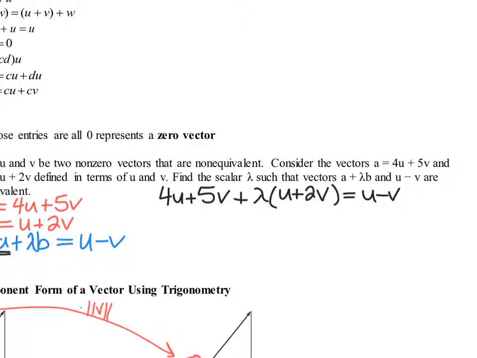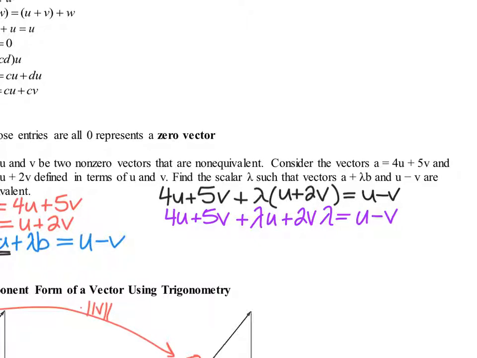Okay, so, little housekeeping. 4u plus 5v plus lambda u plus 2v lambda, and it really doesn't matter what order you put it in. All right, so 4u plus 5v plus lambda u plus 2 lambda v equals u minus v.